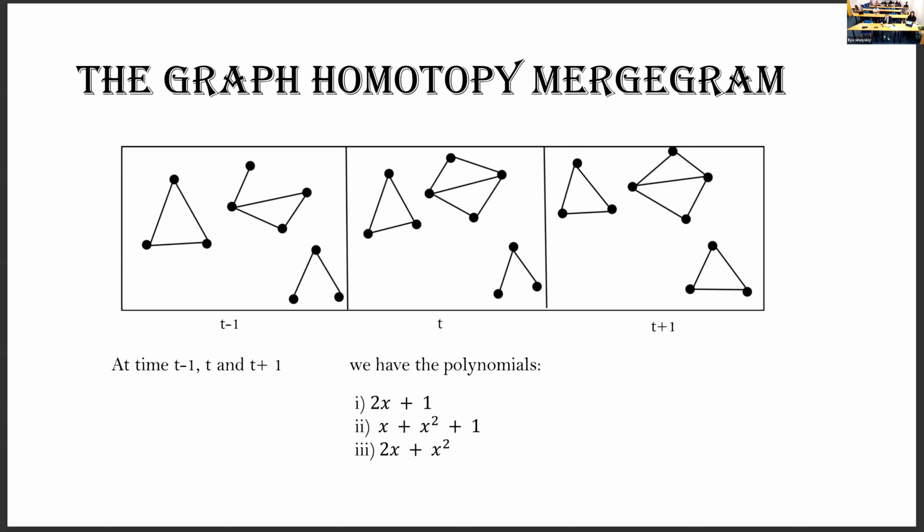At time t, an edge is added such that one of these connected components, which had one loop, now has two loops, and that's represented by x to the 2, and this is just x. But then the way the edge is added at time t plus 1, we again have two connected components, each with one loop.